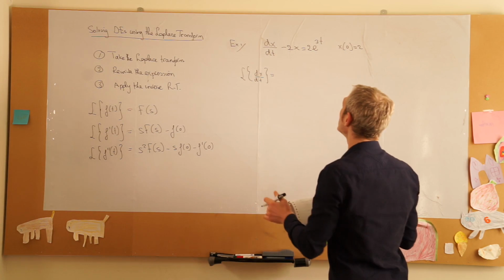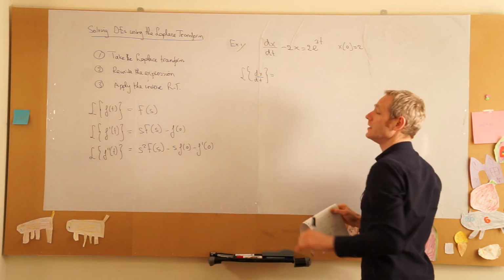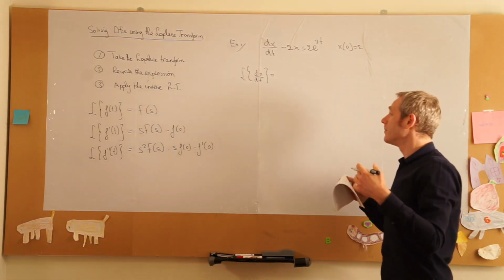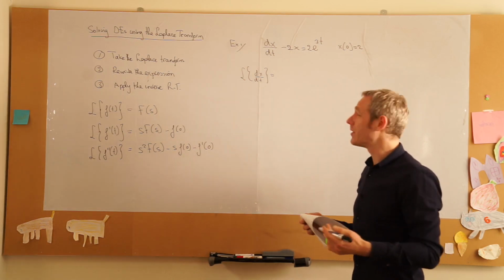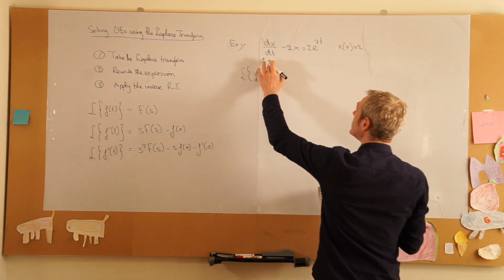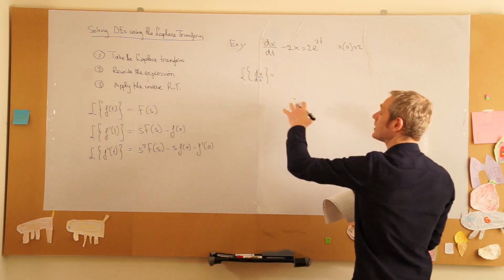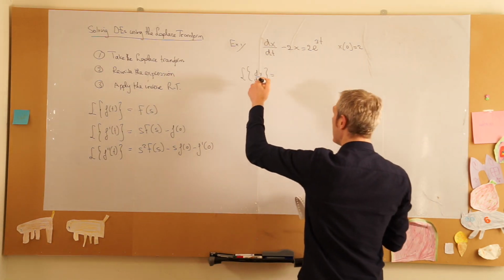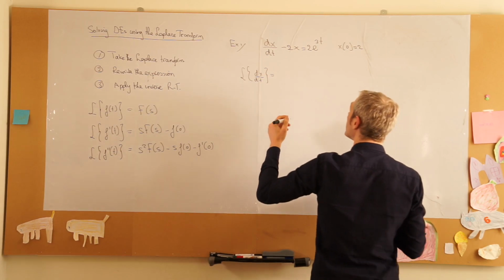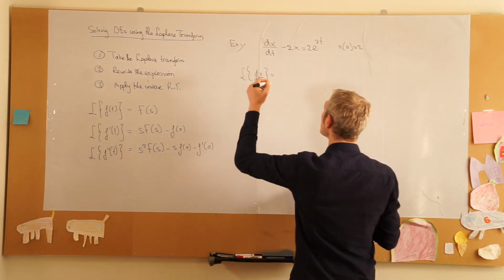So we'll just take the Laplace transform of these chunks. As we know, the Laplace transform is a linear operator, which means the Laplace transform of the sum is the sum of the transforms. So I will just write out the Laplace transform of the different components.